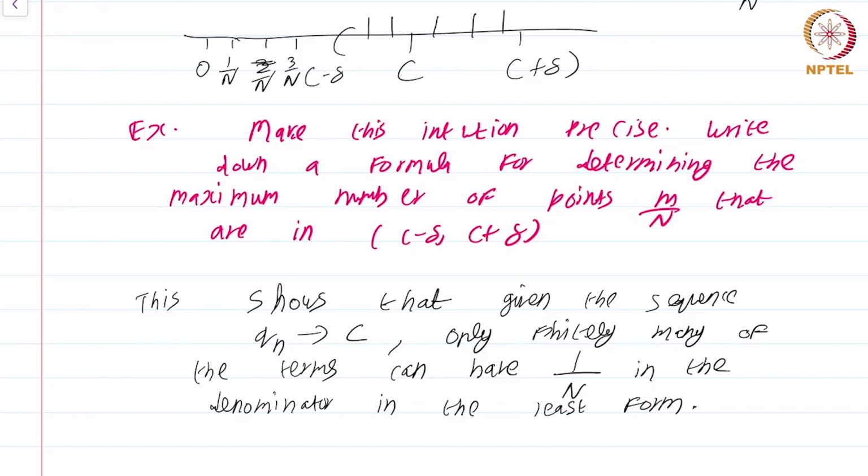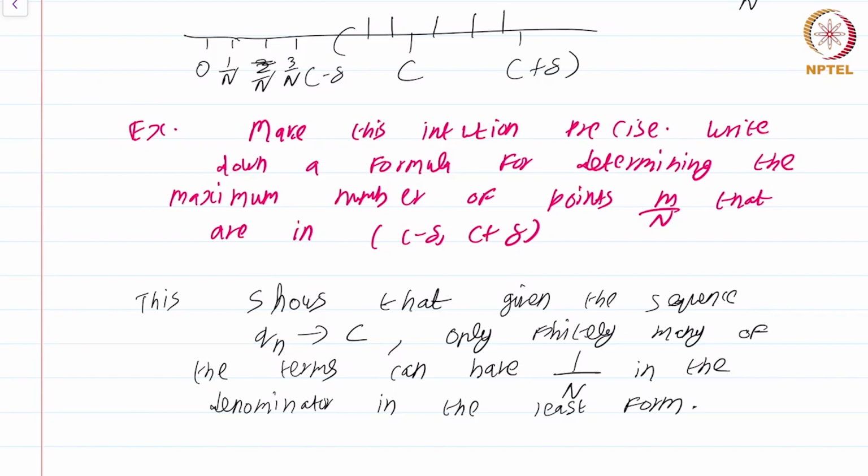Well, why is this the case? Again, you can expand it and give a mathematically precise reason, but the reason is as follows. Given any open interval (C minus delta, C plus delta), eventually the terms of the sequence will have to be in this interval. And we already know that there are only finitely many such points of the form m by n in this interval.